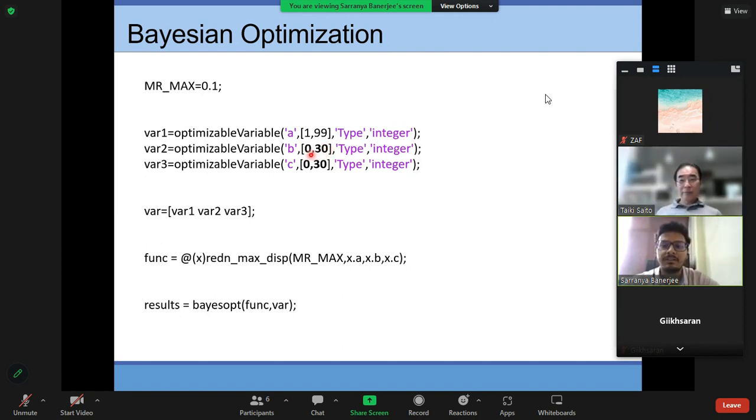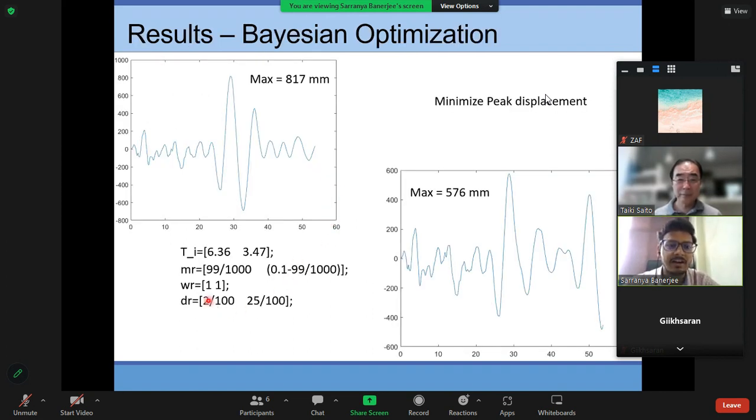So now using these ranges, again I ran the optimization problem, and again I got similar results, because the damping ratio was lower in the case of the first TMD, and the second TMD is not of much importance here, whether it is 25 or 47, because the mass ratio is very small.